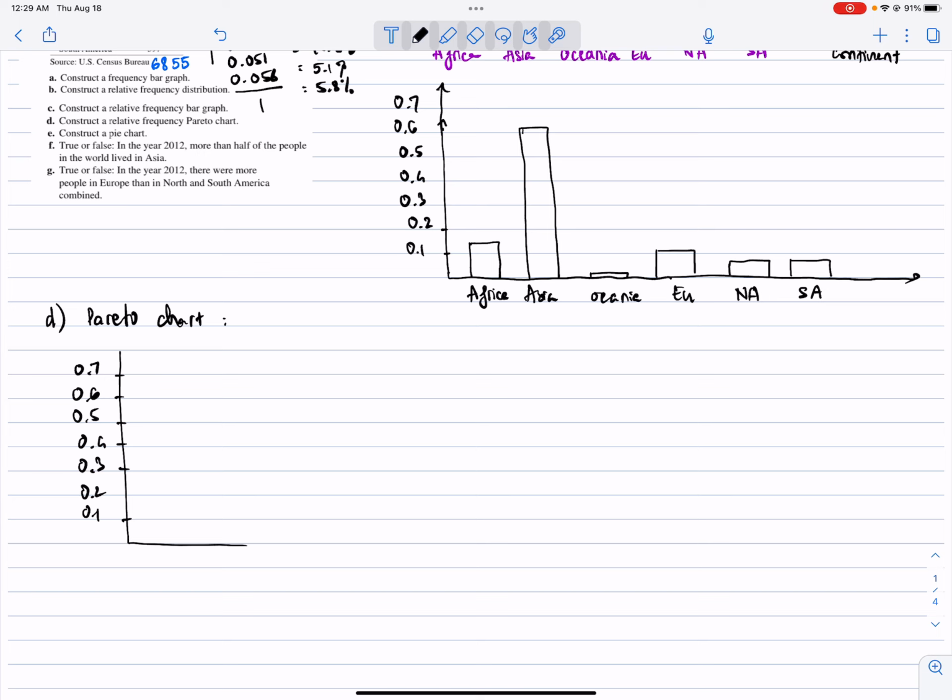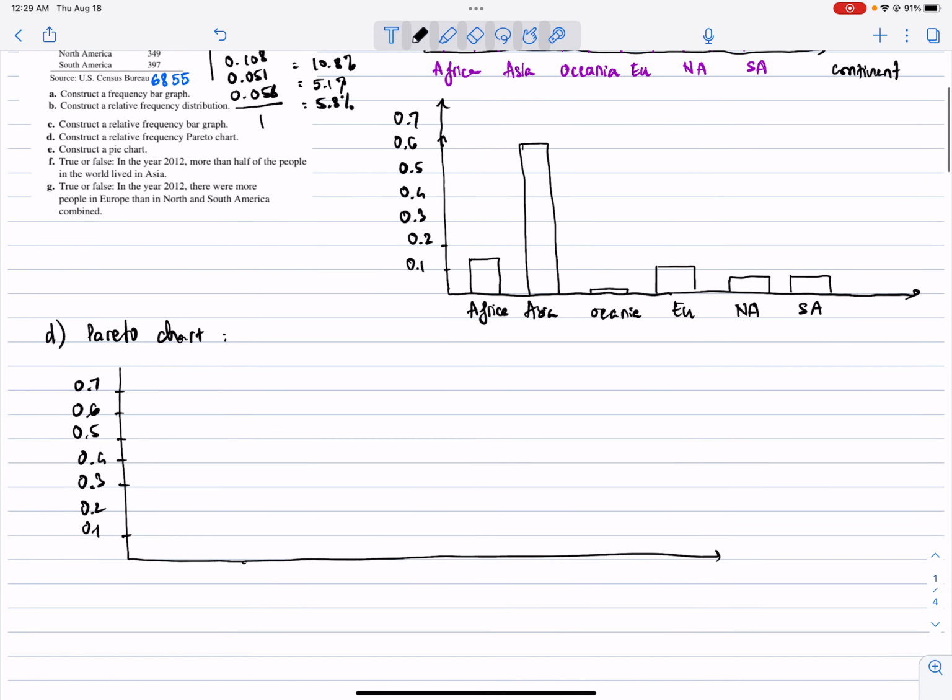Those are my relative frequency numbers. And then I just have to arrange. Asia is the highest one, and you remember that is a little more than 0.6.